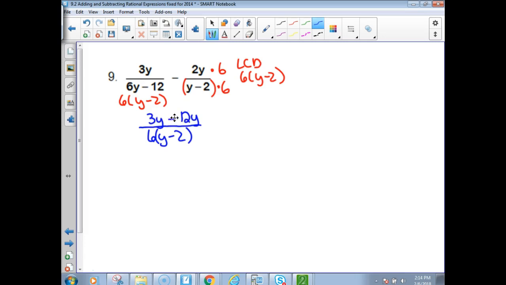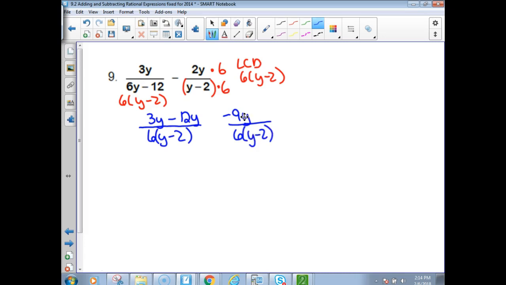Now I do have something I could factor out in the numerator, or I can simplify it. 3y minus 12y, they're like terms. Let's simplify it first. 3y minus 12y is negative 9y over 6 times y minus 2. Okay, here's where we make mistakes. You cannot cancel out those y's. The y minus 2 is married. They're stuck together.